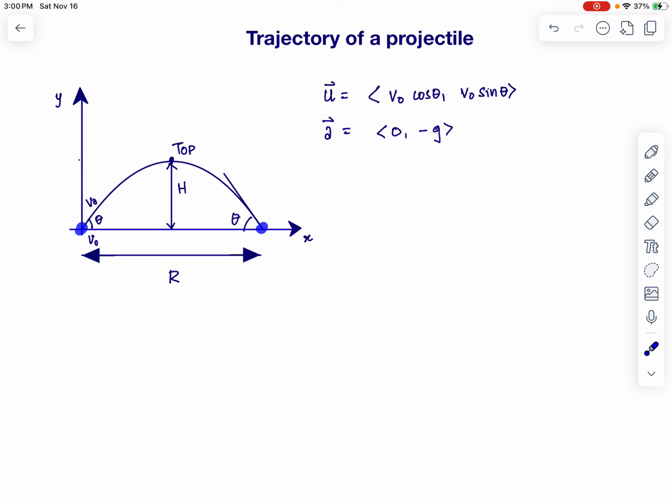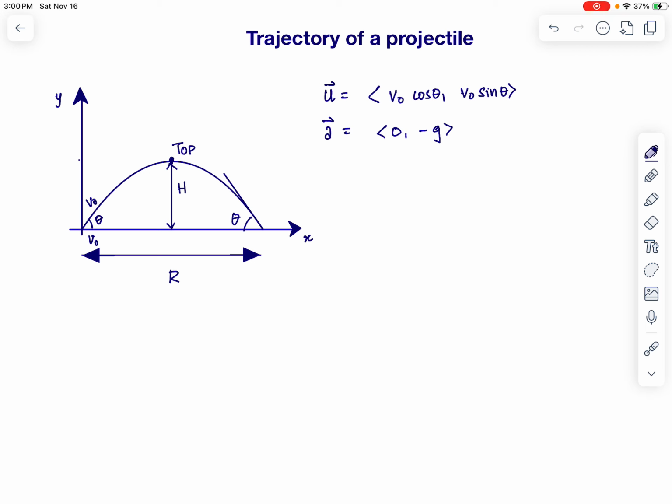What we'll do is assume that this is symmetric about the half location. So whatever it takes for the projectile to go this distance will be the same as the time taken to go this distance. Okay, so that is the assumption, and that will prove to be correct.